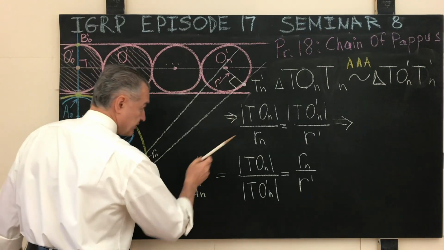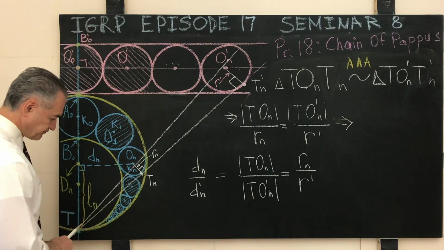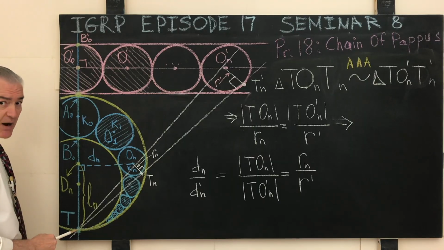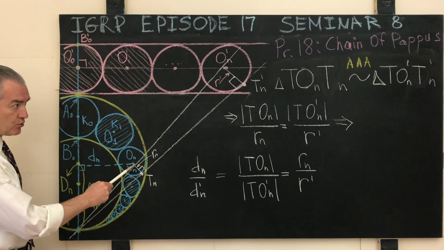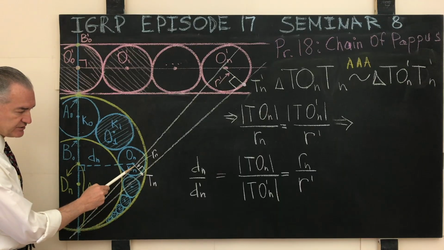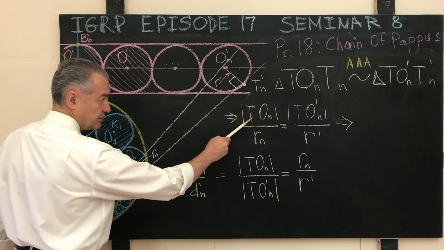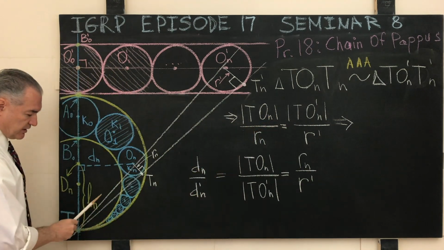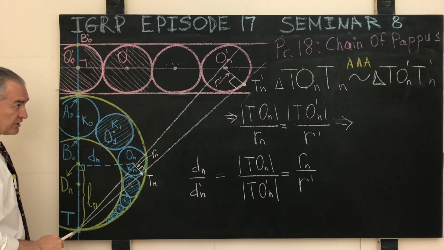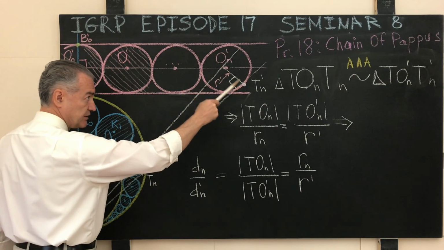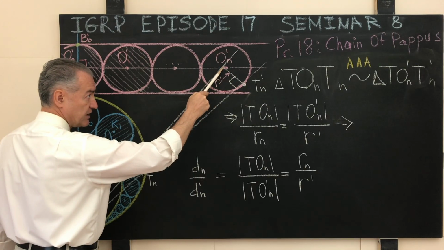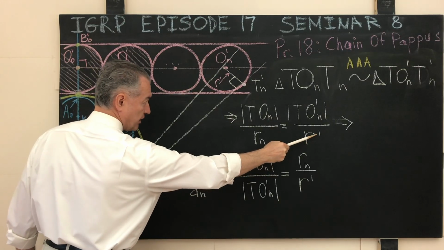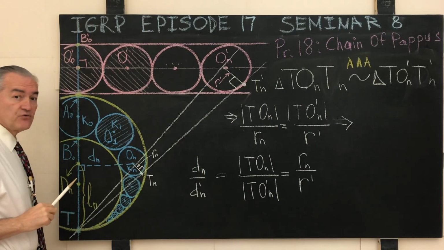And that means that in this case we can construct which proportion? Well, for the first triangle, we construct the proportion between the hypotenuse T O_n and the radius R_n, this side. T O_n to R_n is in the same proportion as the hypotenuse of the larger triangle, T O'_n, as it relates to the side O'_n T'_n, which is basically the radius R' of the inverted circles.